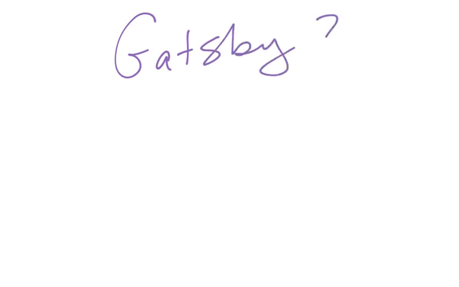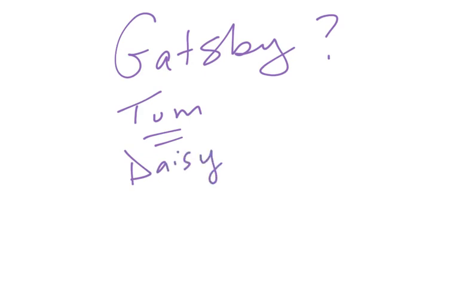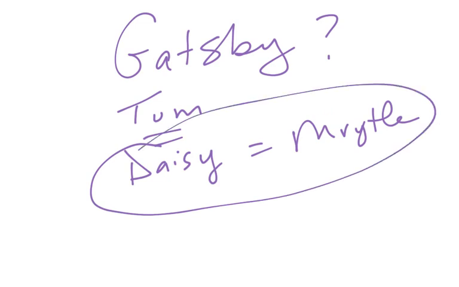So, what do we think about Gatsby? We can put characters side by side. Tom. We have Daisy. Maybe we put Daisy and Myrtle side by side. They're both wives that are in unideal marriages, so they could be similar.